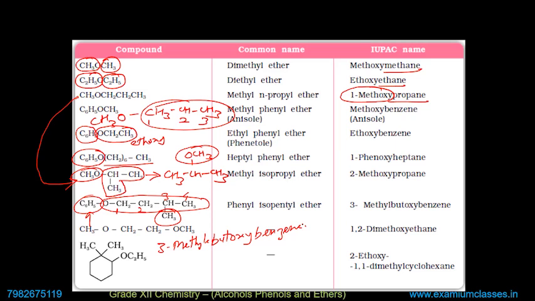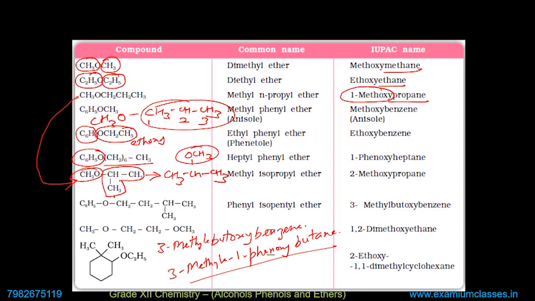However, in a few guides, you might get it written with this one as phenoxy and this one as the main chain. So in the main chain, you get 3-methyl, 1-phenoxybutane.